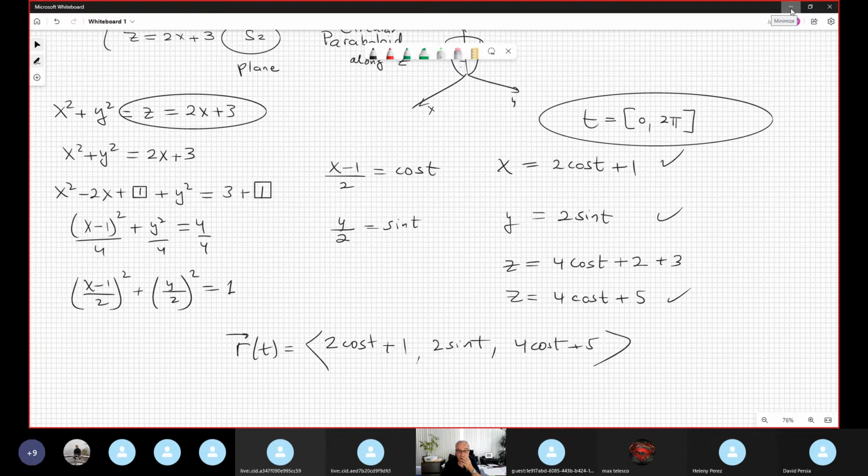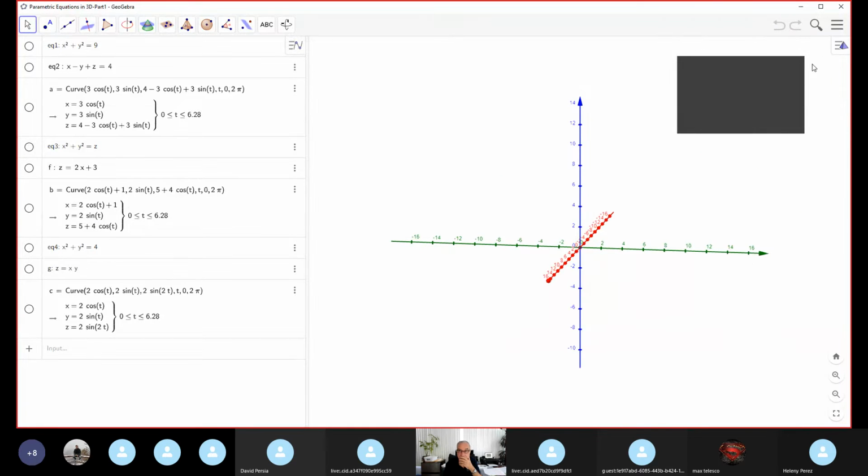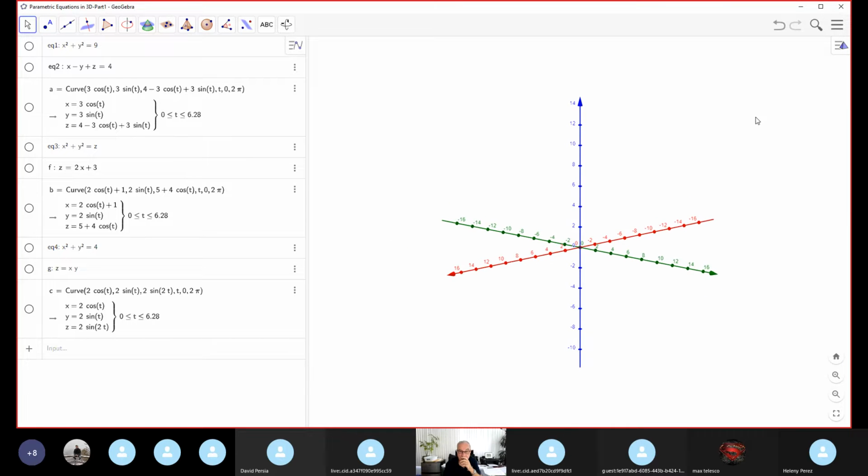Okay, one second, example. Let me see, do you see the GeoGebra? Yes, okay, super. Now, look at that.